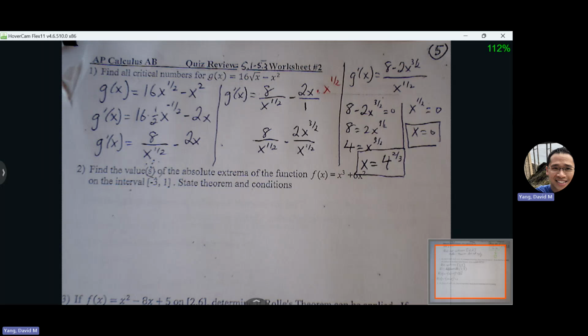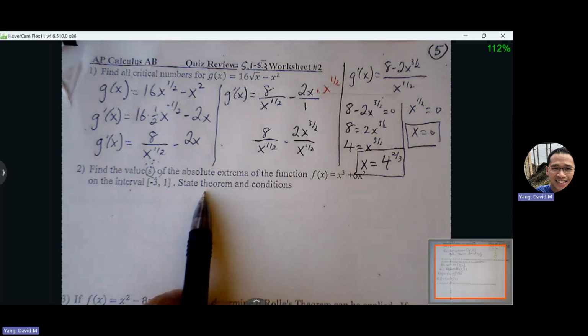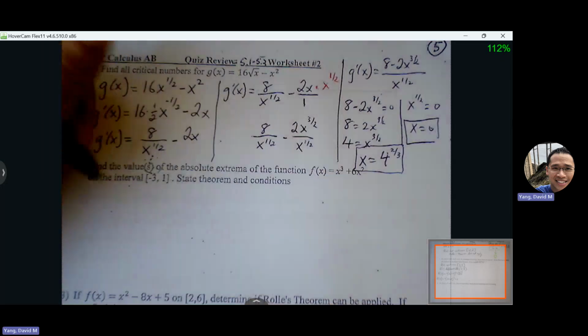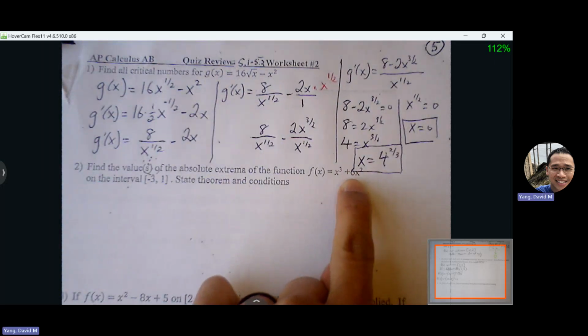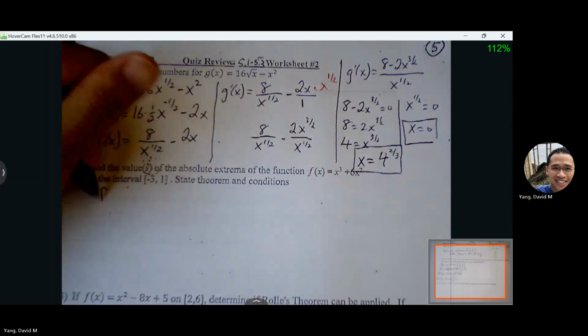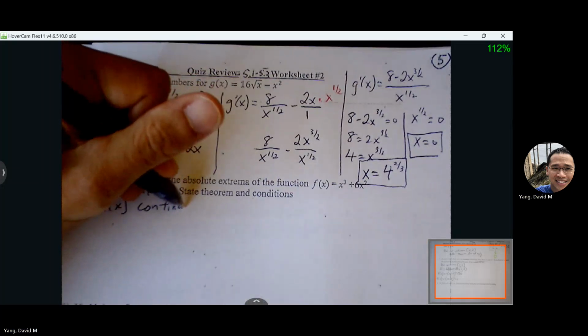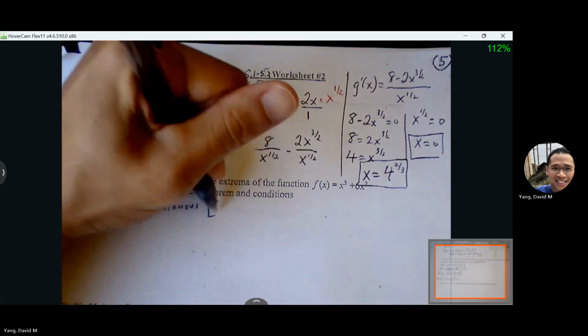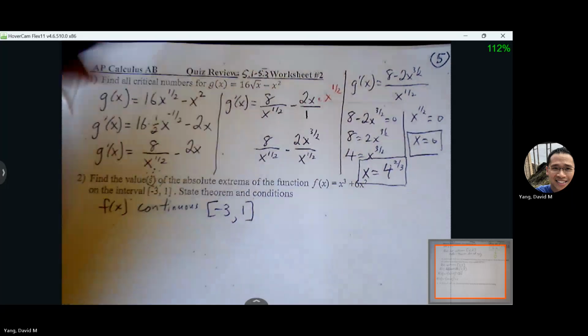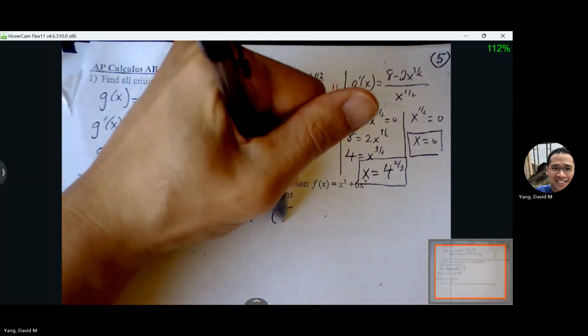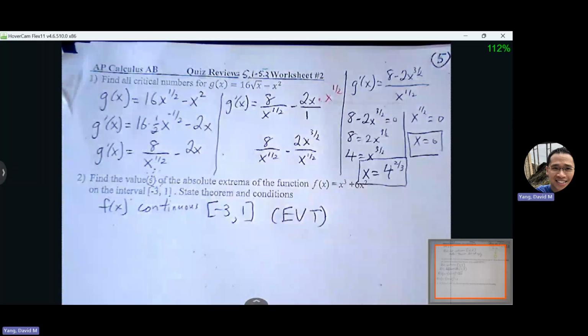Number 2, extreme value theorem. What's our one condition? Continuous. Yeah. Are we safe with continuity? Yes. So extreme value theorem is the name of this theorem.